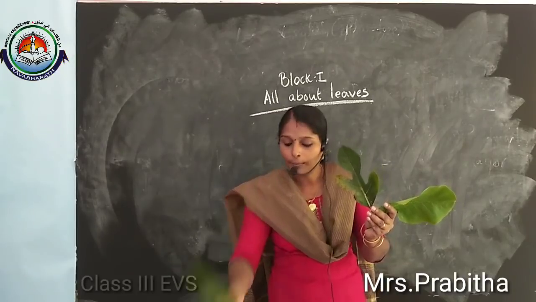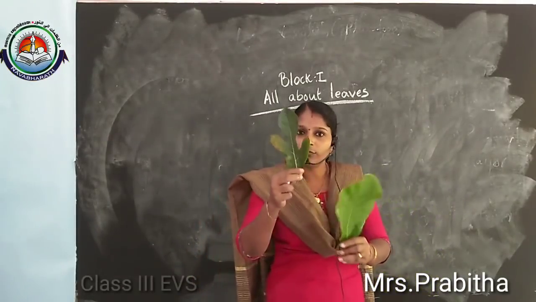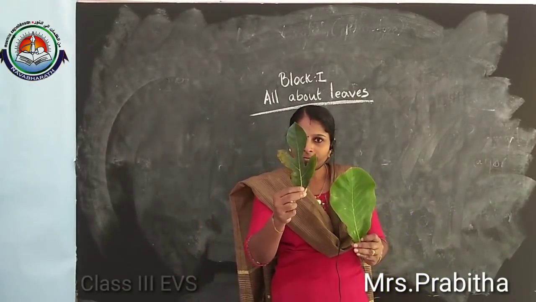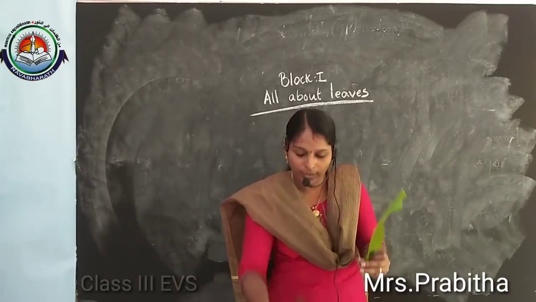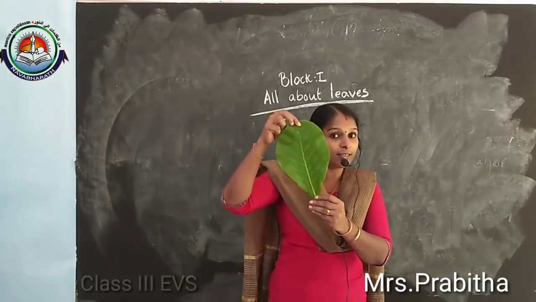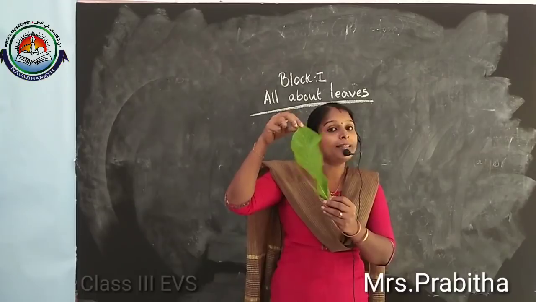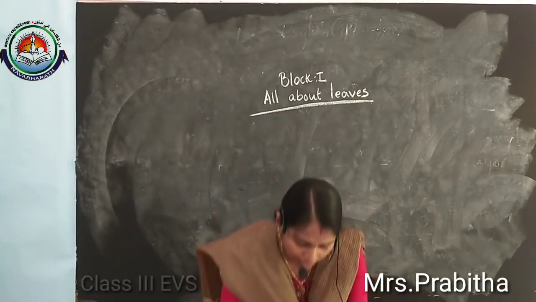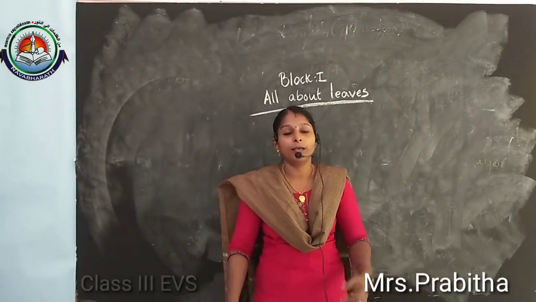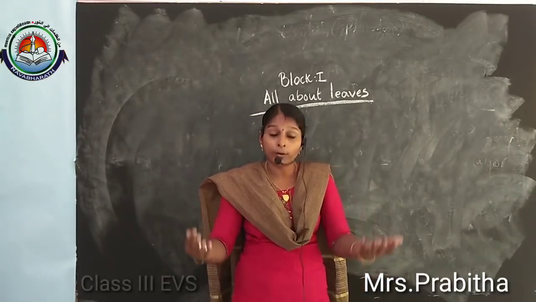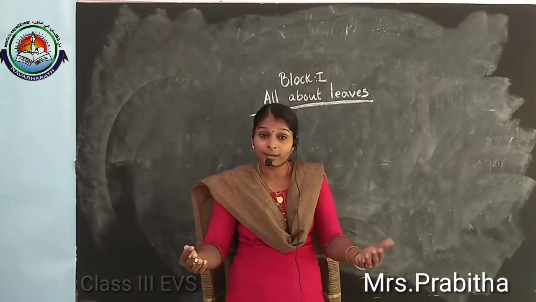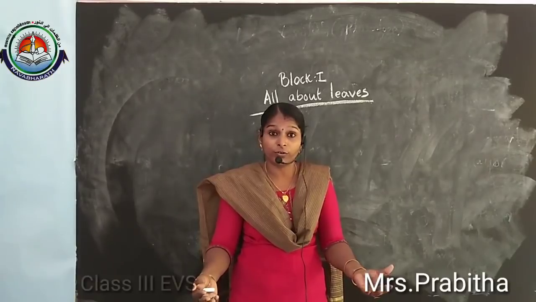Yes, this is mango leaf. Which leaf is this? Yes, jackfruit leaf. Which leaf is this? Badam leaves. This is a very interesting lesson, and I have to teach more about leaves to you.